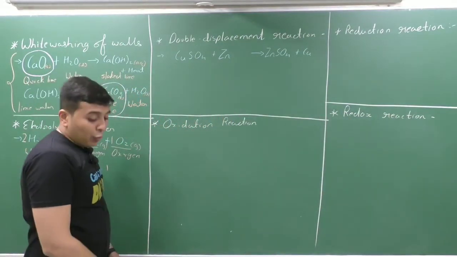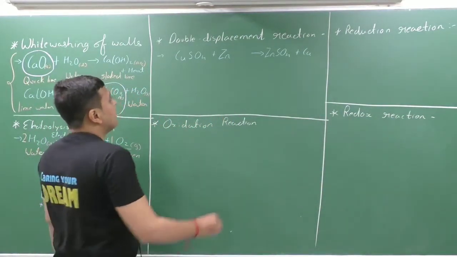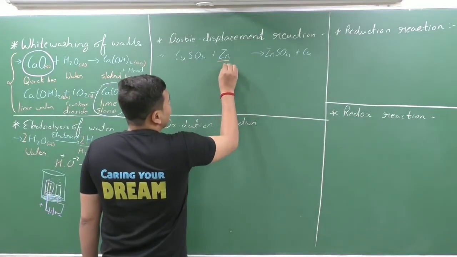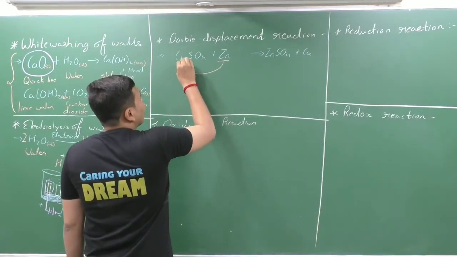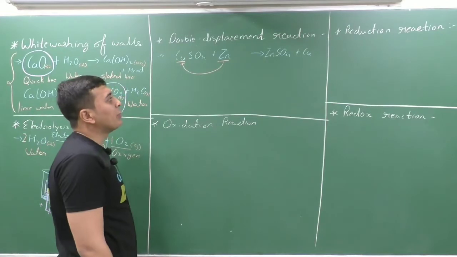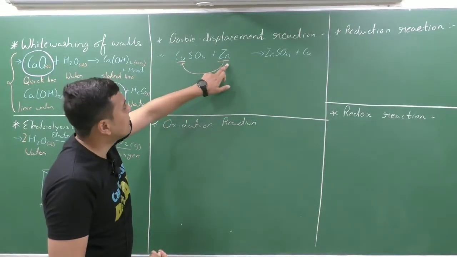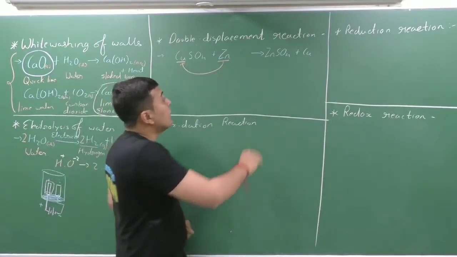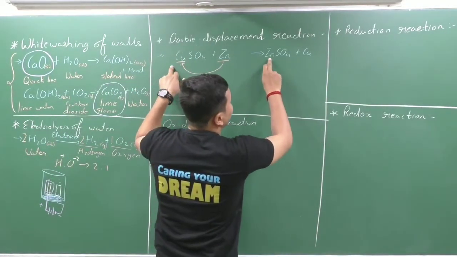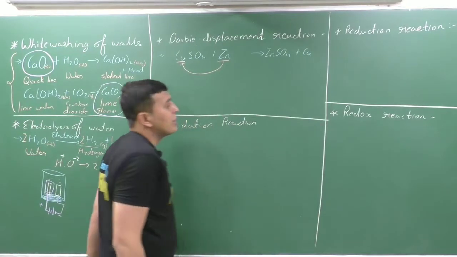So what happens here? Zinc is more reactive, so it will displace copper from its solution. Zinc is more powerful, so it will displace copper from its compound. So instead of CuSO4, now the compound is ZnSO4 plus Cu.